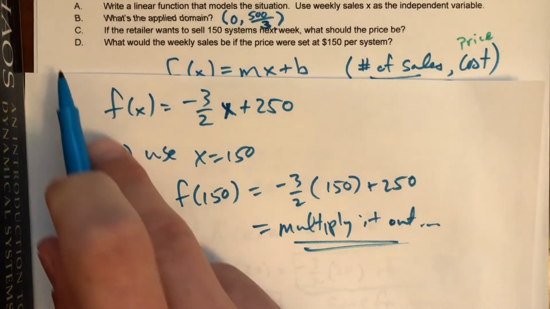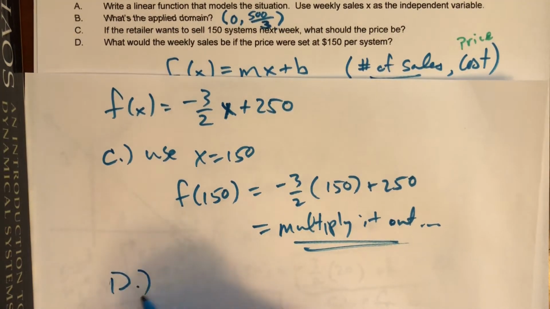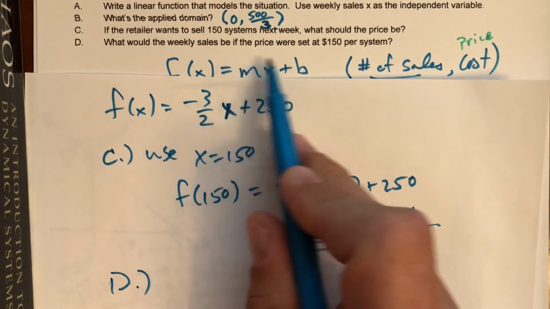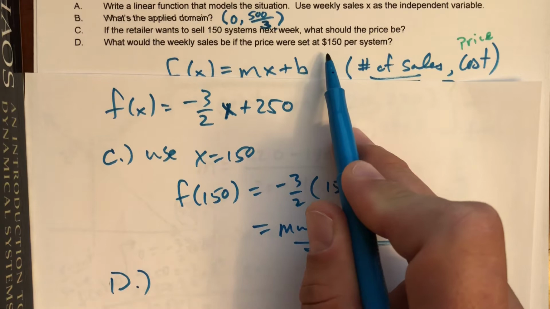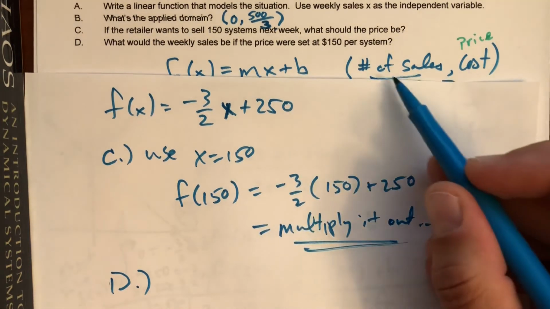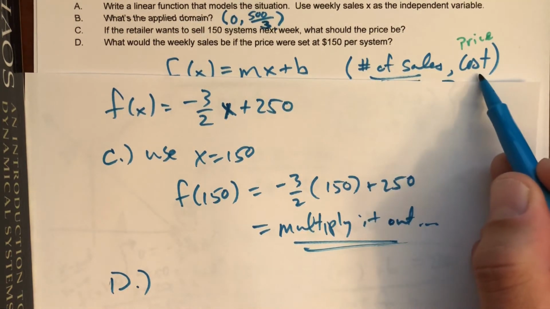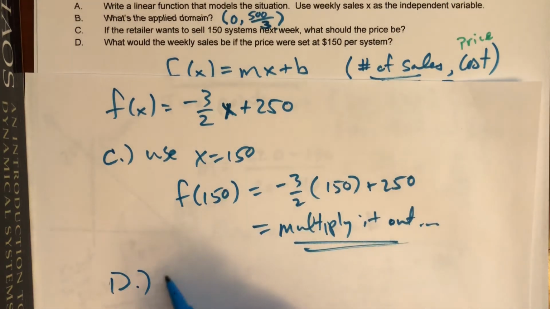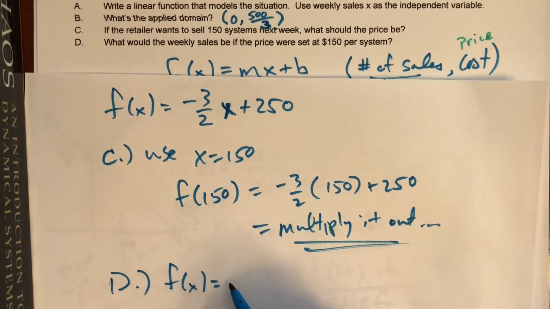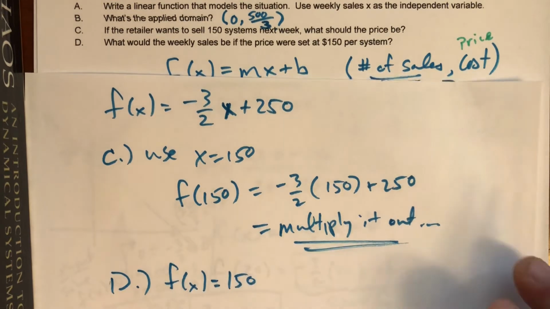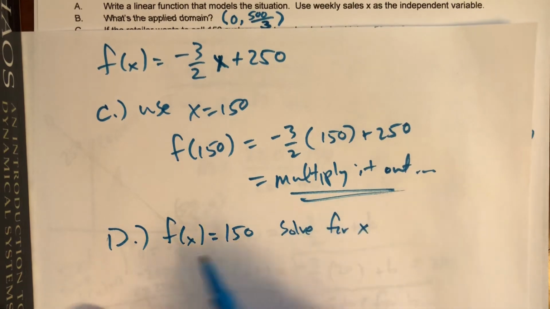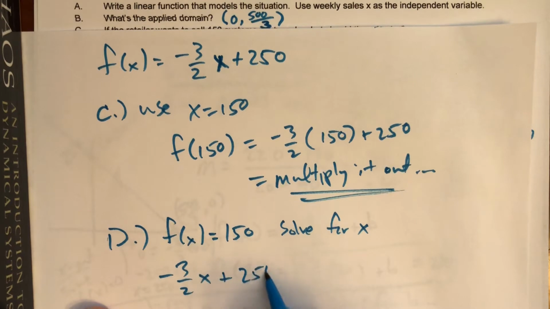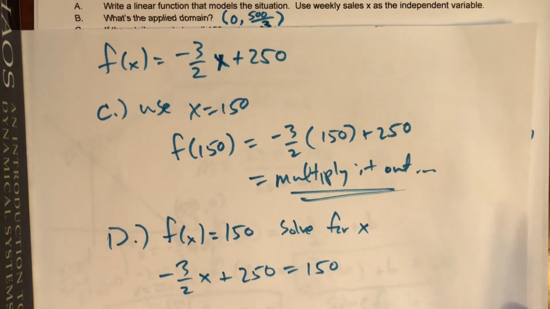now what? D, we want to do D. What would the weekly sales be if the price were set to 150 per system? So now this is kind of inside out, right? Instead of giving you sales, we're giving you the price or the cost. So we would want to say F of X is equal to 150 here. So we can solve this for X, right? Because I know what my function is, and I would just want that to be equal to 150.